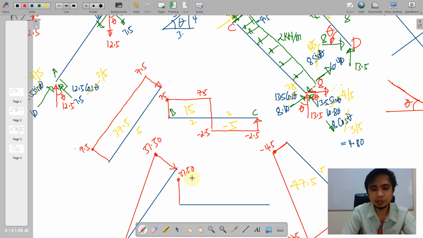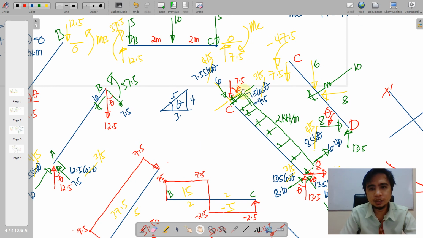So from 37.5 plus 15, we have 52.5, and the connector is just a straight line. And then we deduct again the 5 here, 52.5 minus 5, we have 47.5 again, connected by straight lines.